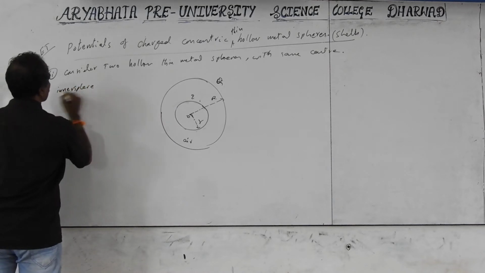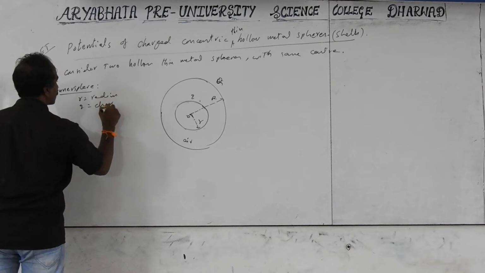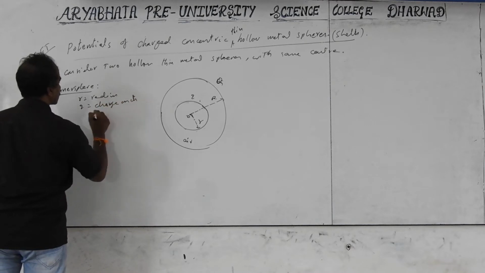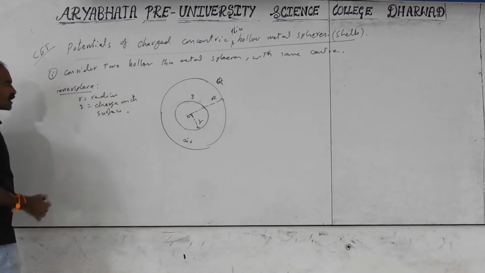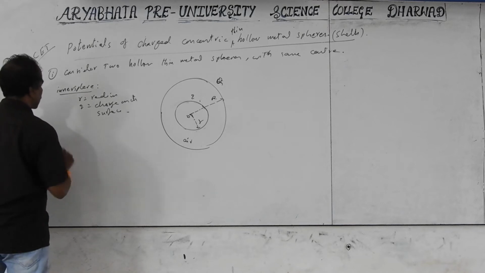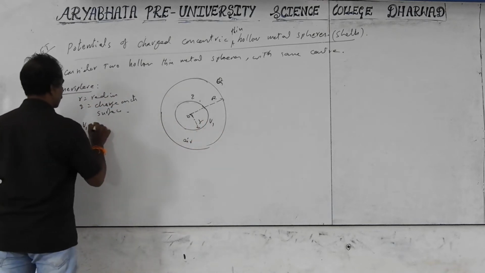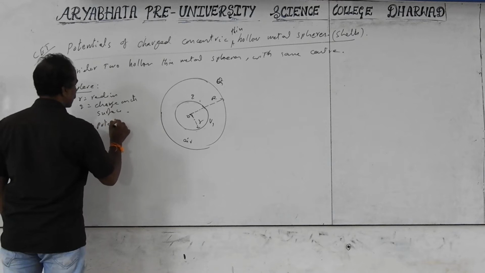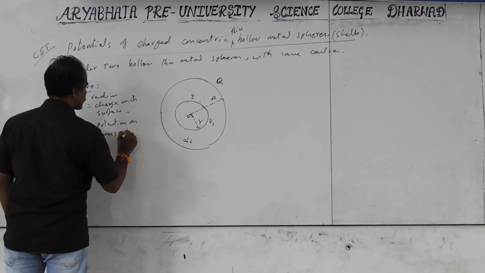Inner sphere: for the inner sphere, r is the radius, q is the charge on its surface. That can be positive or negative, but if not mentioned, in general it is positive. Next is V1, and I take the potential of the inner surface as V1. Potential on the inner surface.